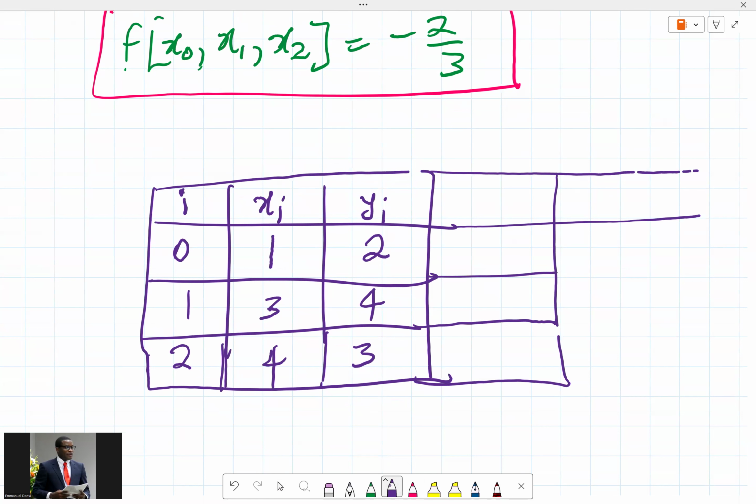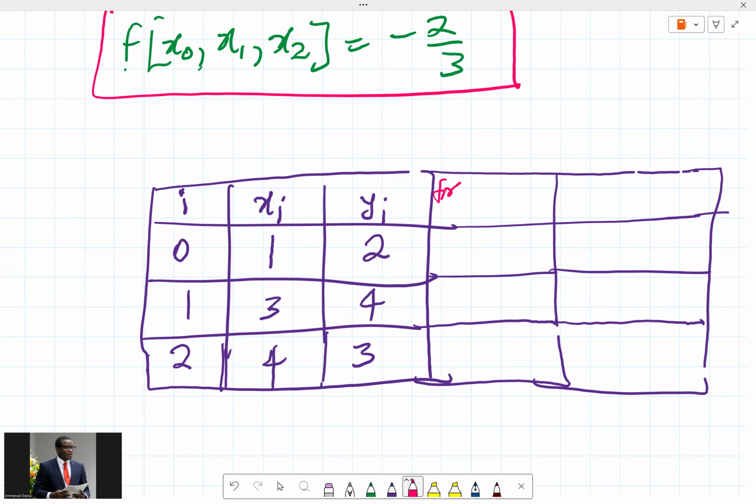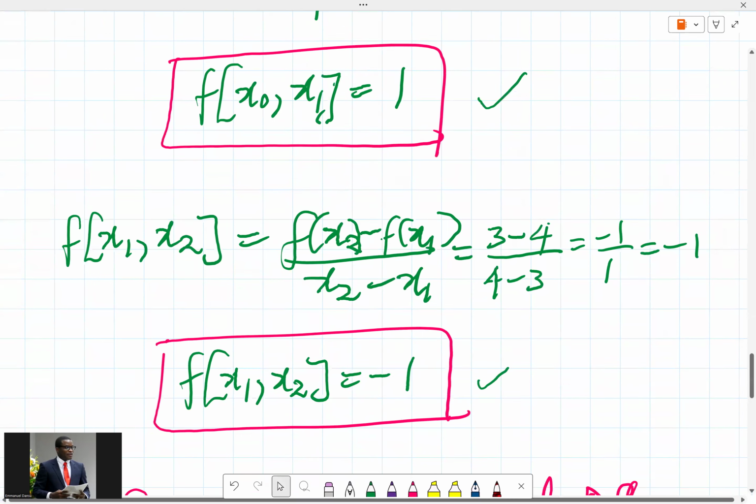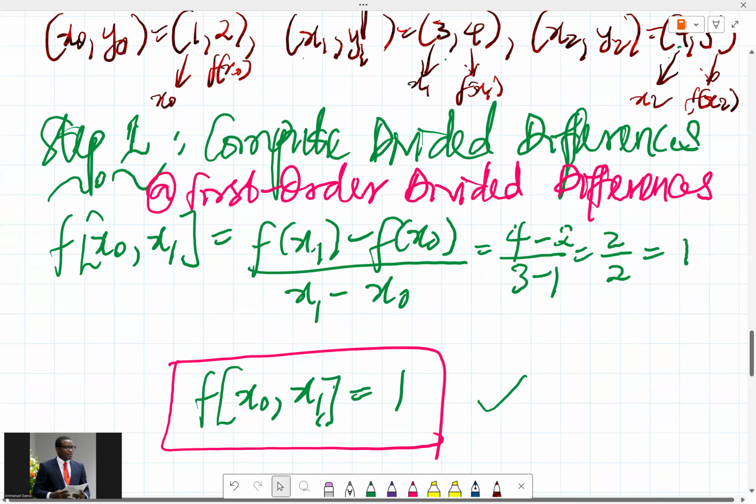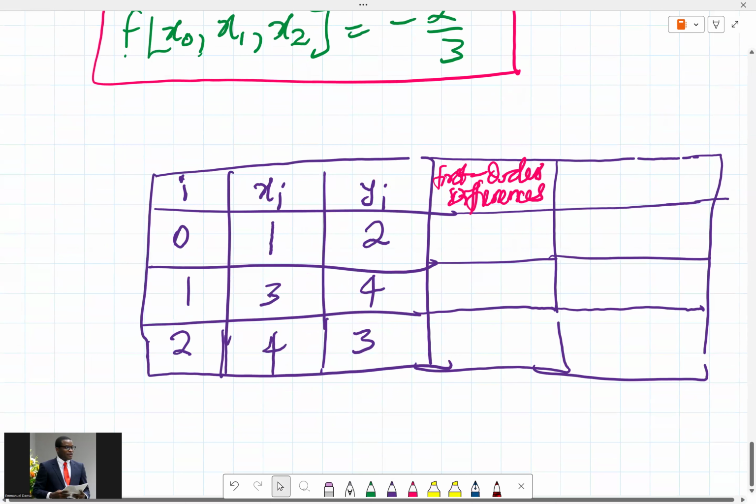So first order differences: we have two of those.